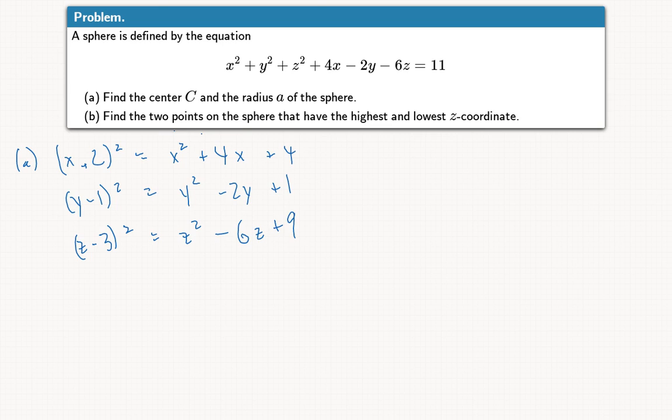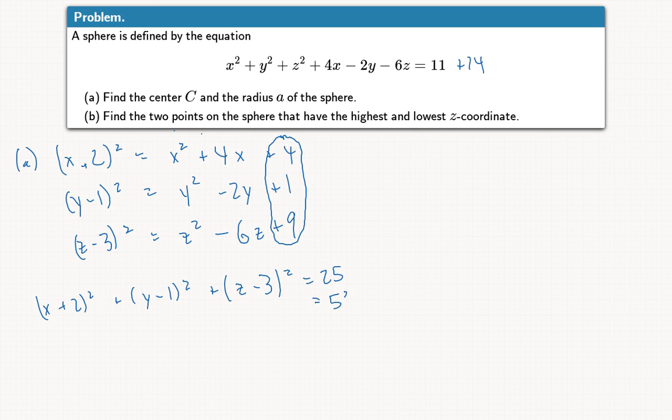So to complete the square, we need to add 14 to both sides of the equation. So then we get x plus 2 squared plus y minus 1 squared plus z minus 3 squared equals 25, which of course is 5 squared.